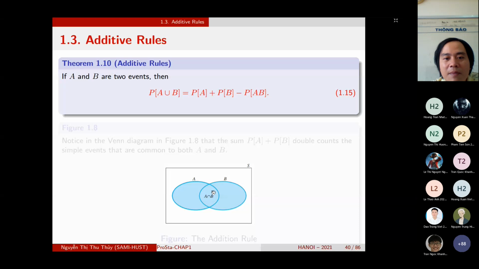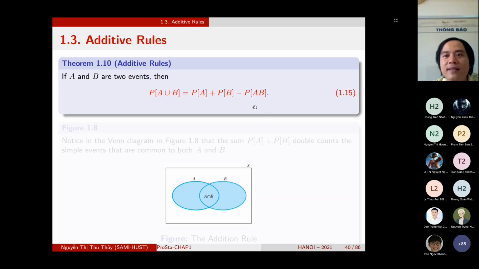So the number of outcomes of A union B can be counted by counting the number of outcomes of A and the number of outcomes of B. But when we do that, we already count A intersection B two times. We count this common part two times. That's why we need to subtract this part.